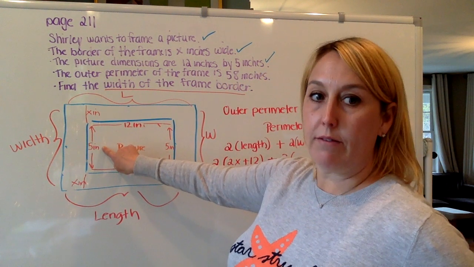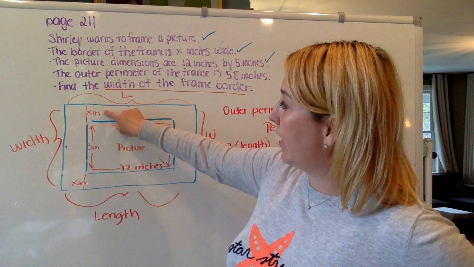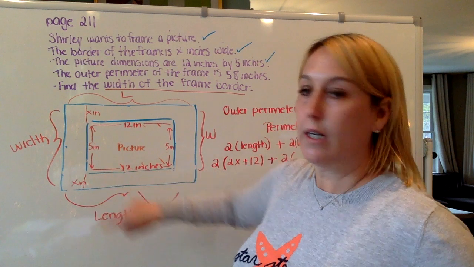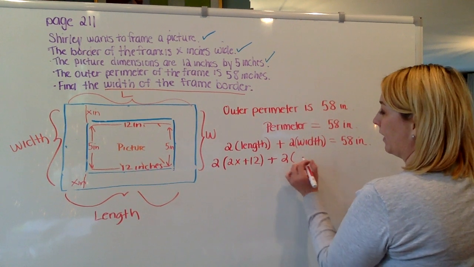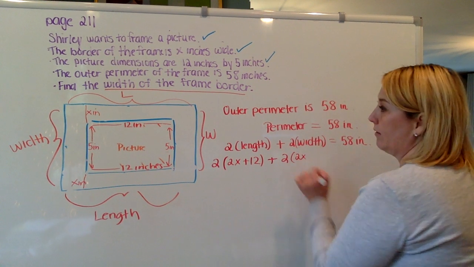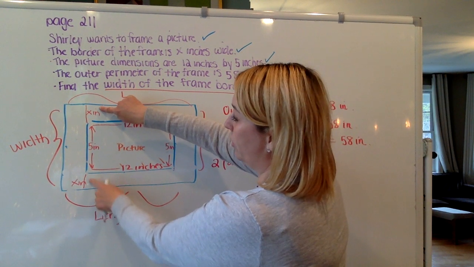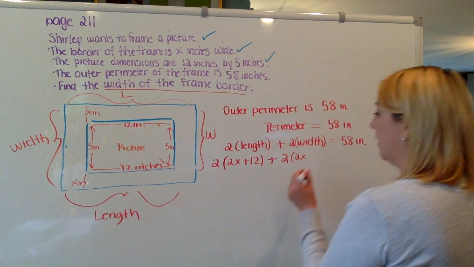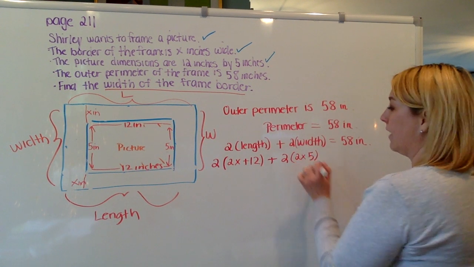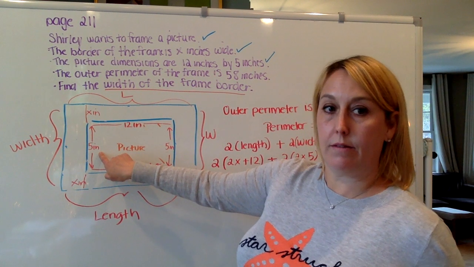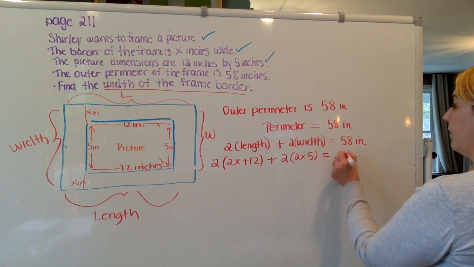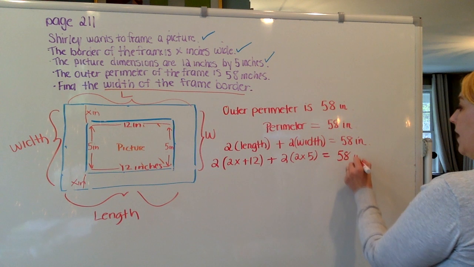So we have 5 inches, plus an X of inches here and an X inches here. So our width, again, we have 2X, right? 1 and 2 for these gaps in the actual frame, plus 5, because that is the dimension of the picture. And then equals 58 inches.